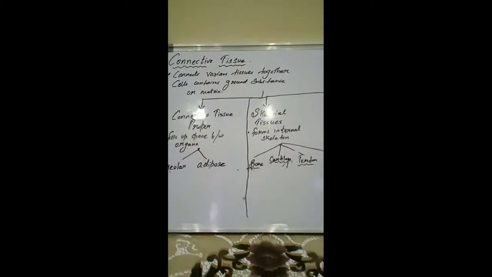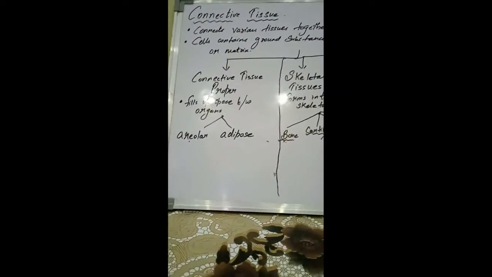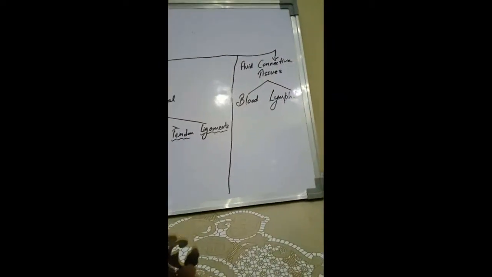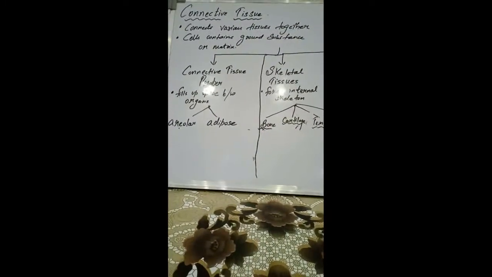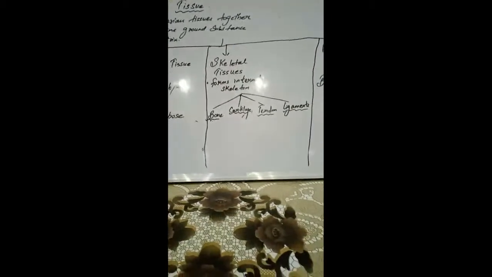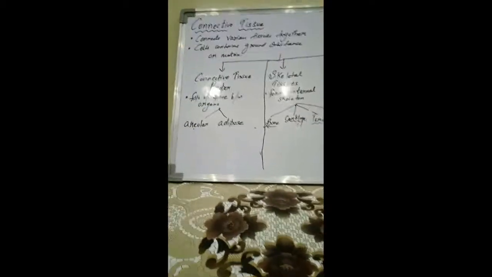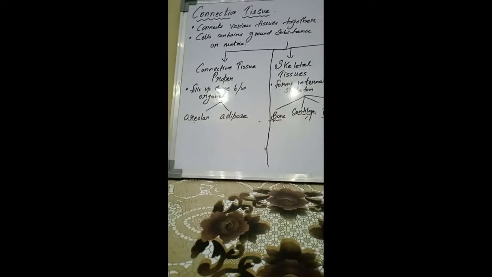Now connective tissues are of three types: connective tissue proper, skeletal tissues and fluid connective tissues. So what is connective tissue proper? The work of connective tissue proper is that it fills up the space between the organs.